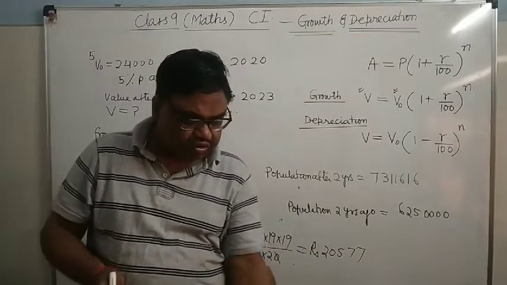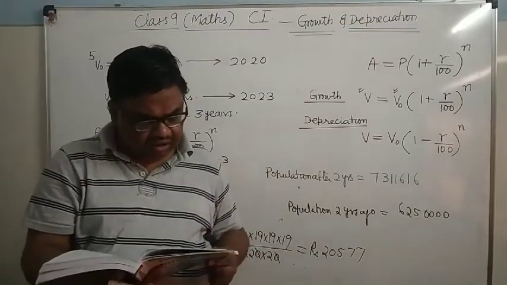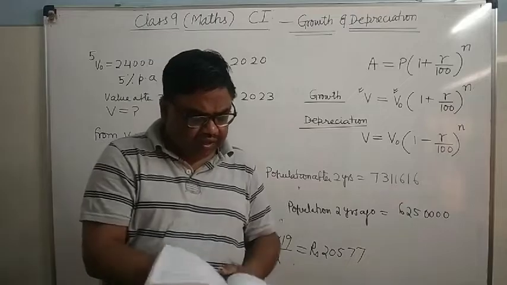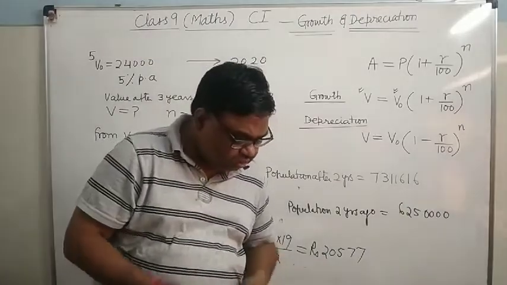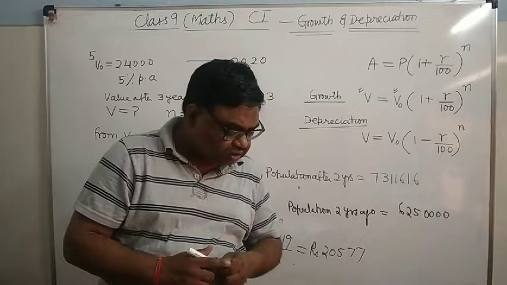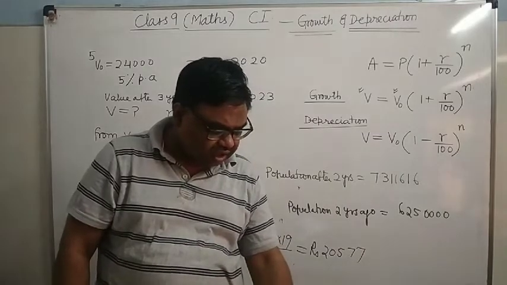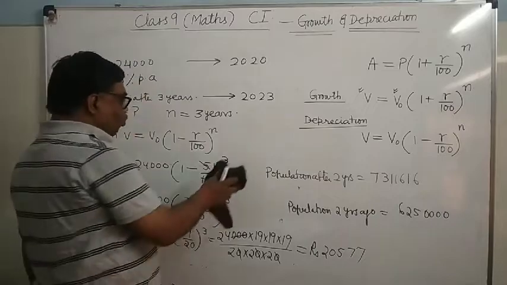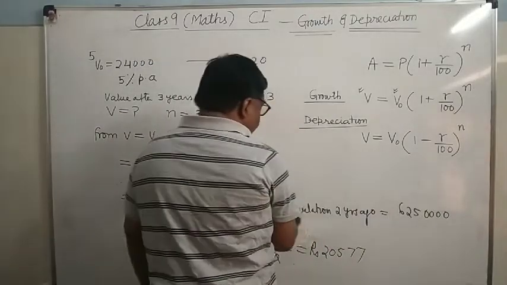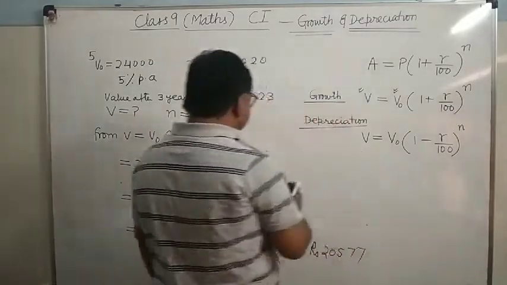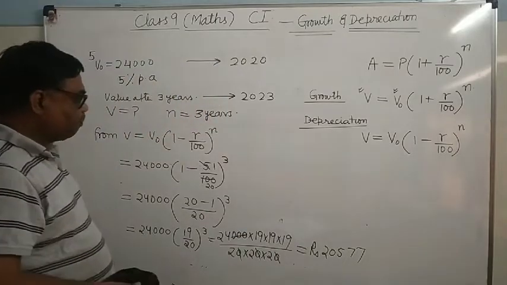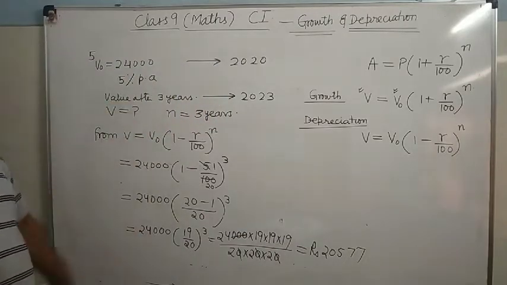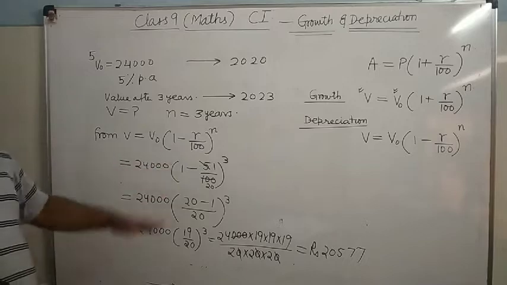Now here in the question it has been asked, calculate the value, so value after 3 years. Suppose like the fourth question, here it is asked, find out the total depreciation. If it is asked like the fourth question, what is the total depreciation? In this question it is not asked, but suppose it is asked.